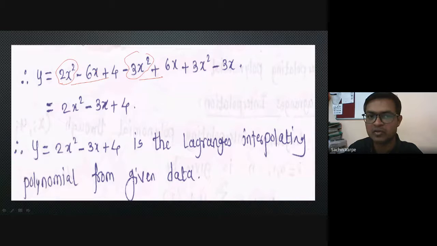So 2x square minus 3x square plus 3x square will get cancelled, right? So minus 6x plus 6x will get cancelled. So we get minus 2x square minus 3x plus 4. That is the required polynomial. So this is called a Lagrange's interpolating polynomial. I hope this is clear now.